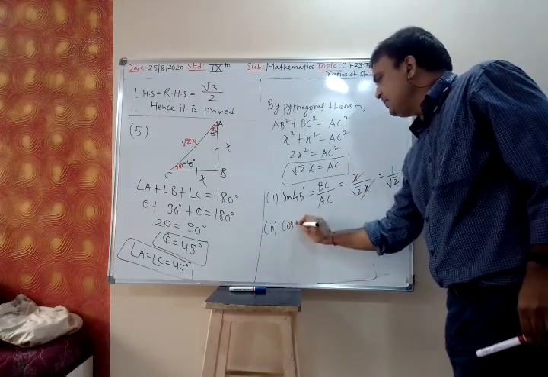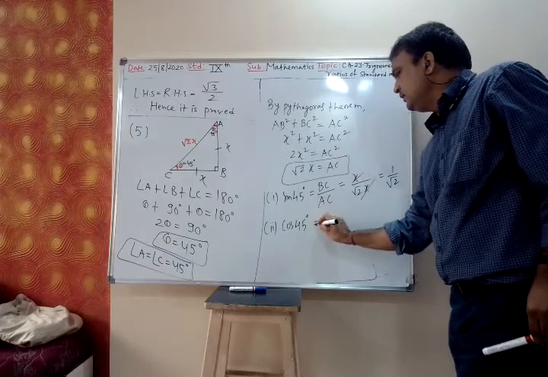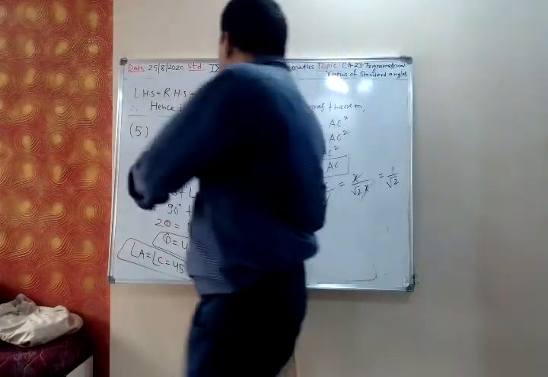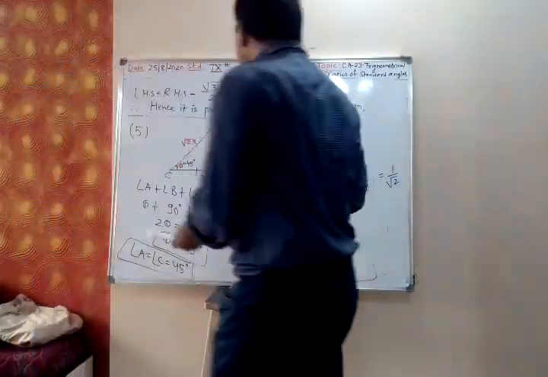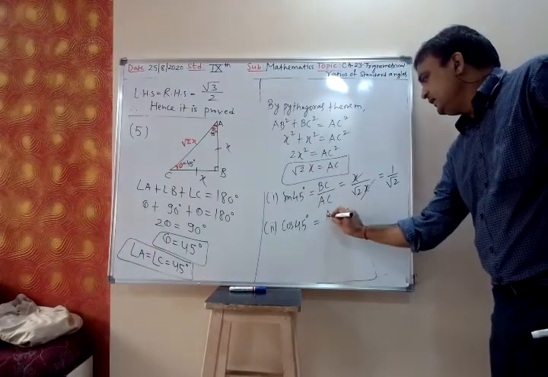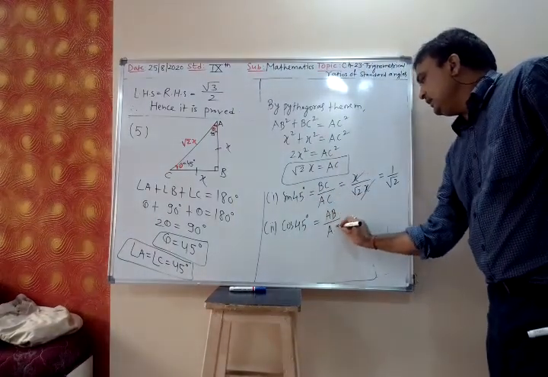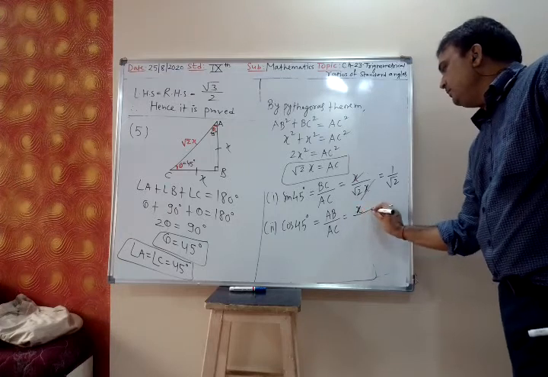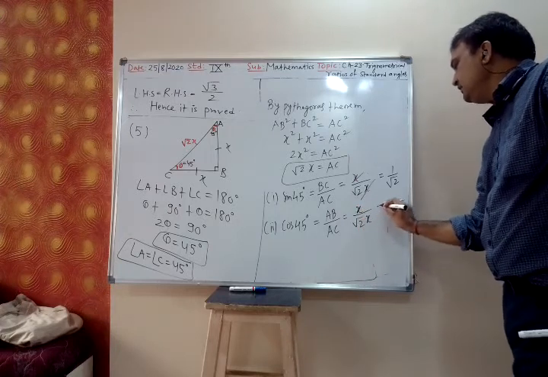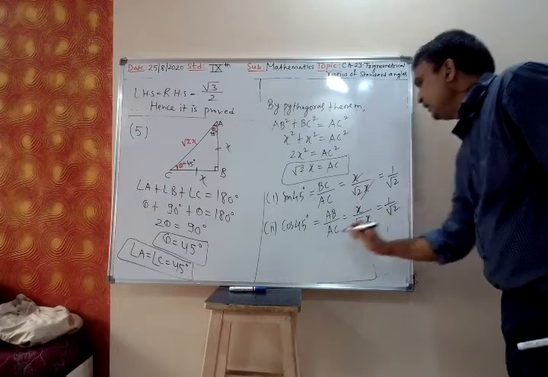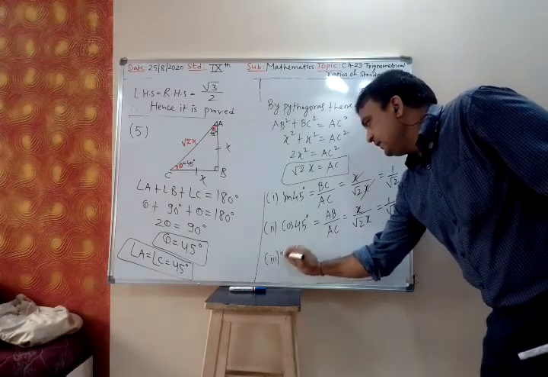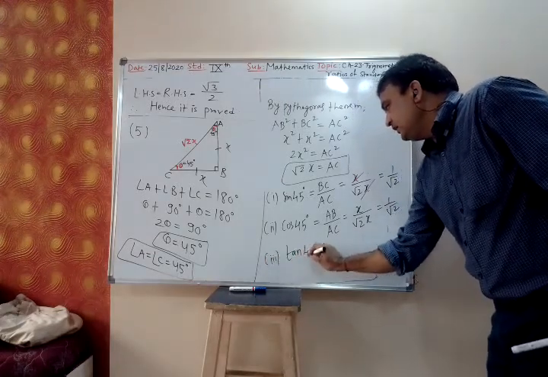Find cos 45. Cos 45 is adjacent upon hypotenuse, so AB upon AC. AB is x upon AC which is root 2x. X gets cancelled, 1 upon root 2. And third is tan 45.